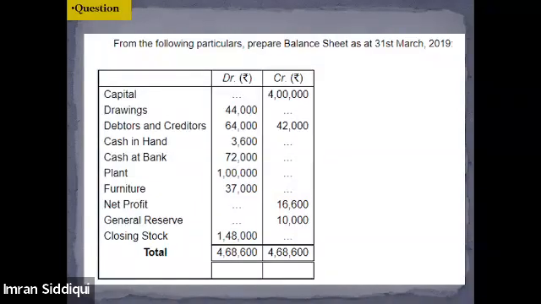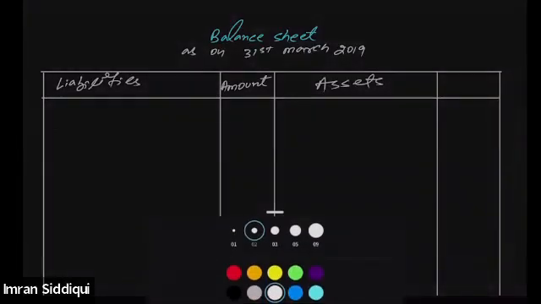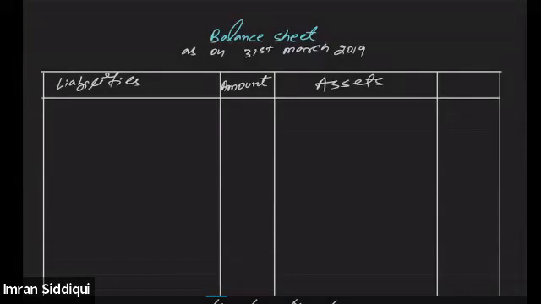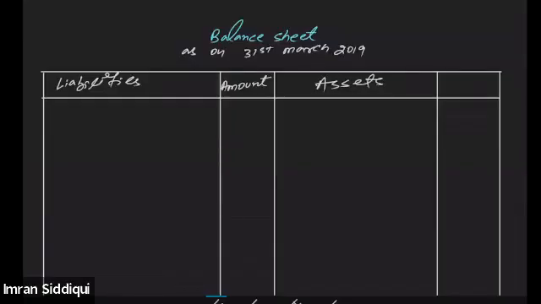Tell me on which side of the balance sheet I need to record this. Tell me quickly. On which side of the balance sheet I should write down the capital? Liability side? Yeah. So capital will be recorded on the liability side.